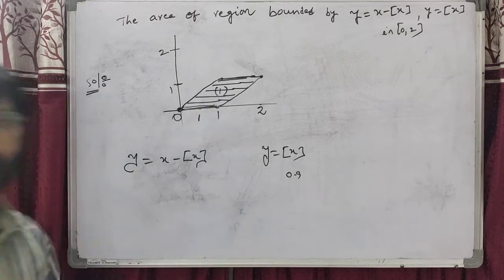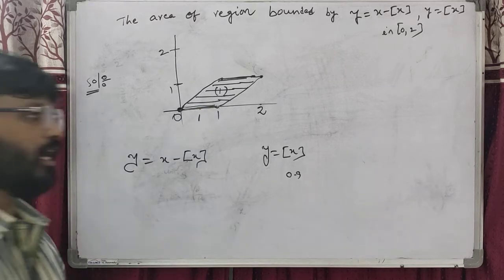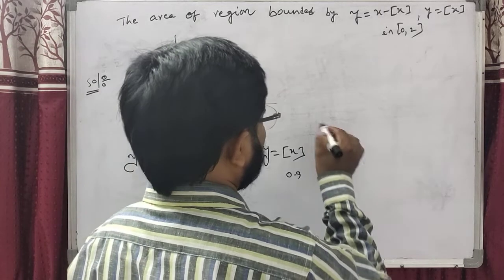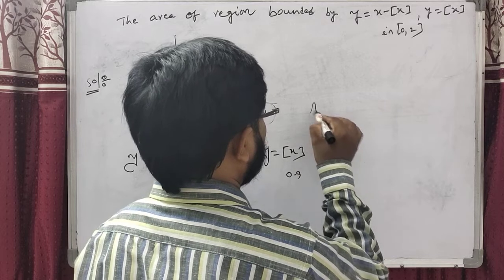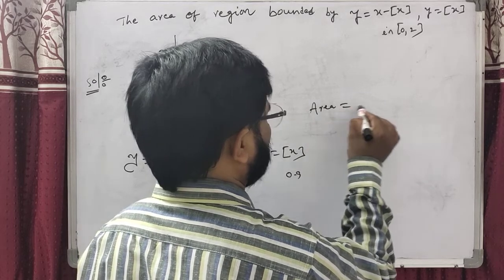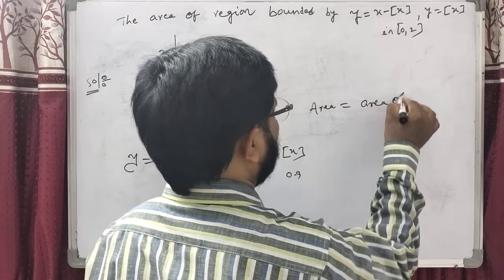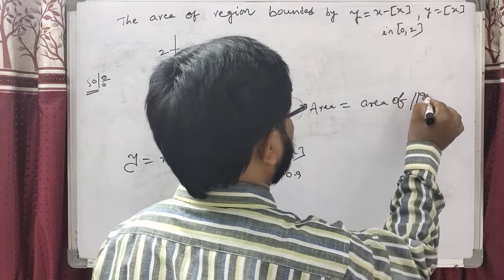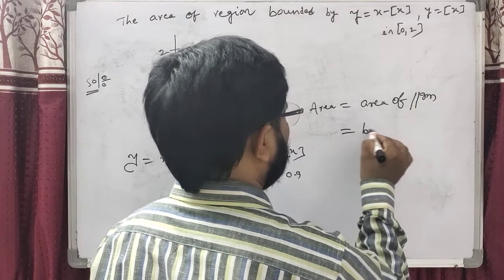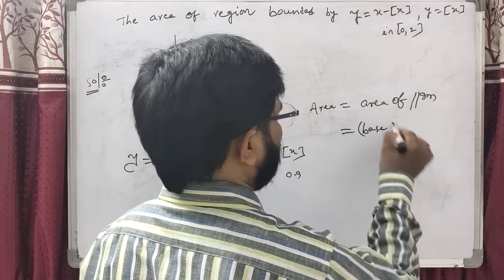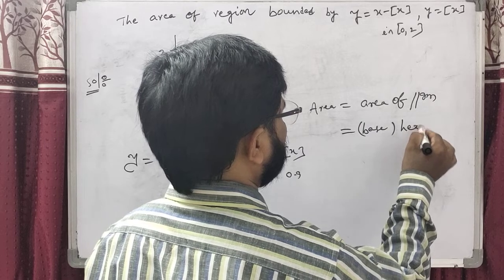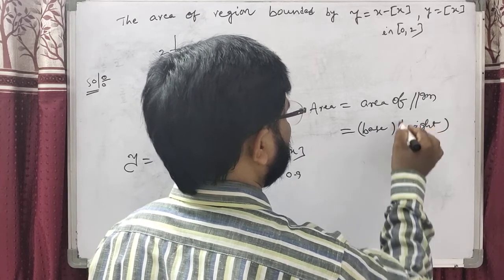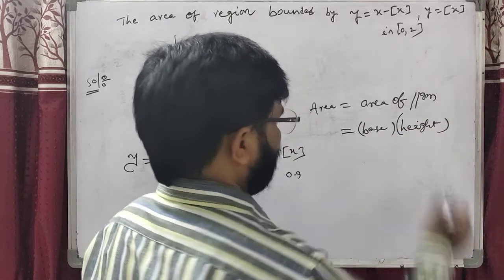When we know the height and base, the required area is the area of the parallelogram. We know that it is base into height.